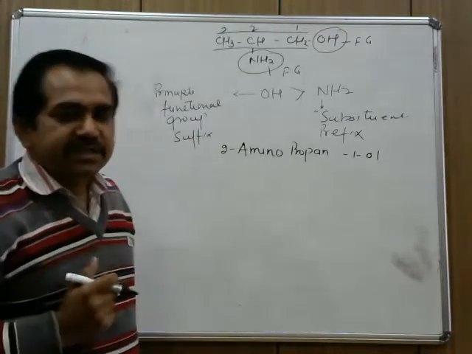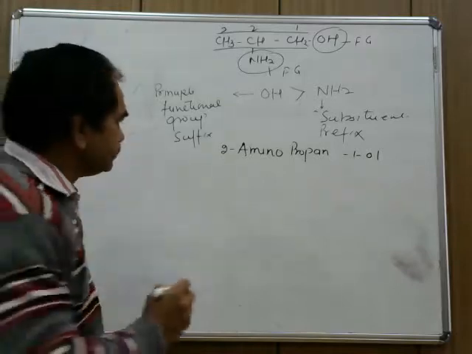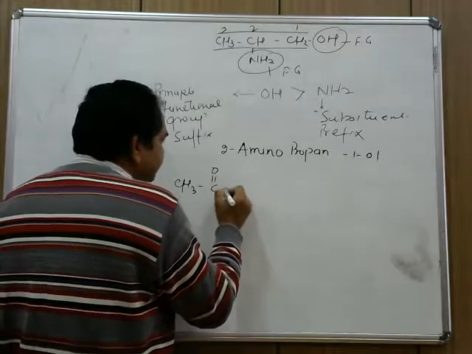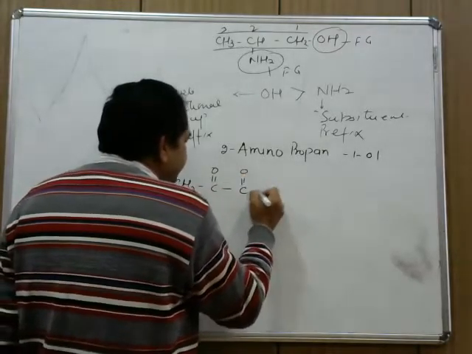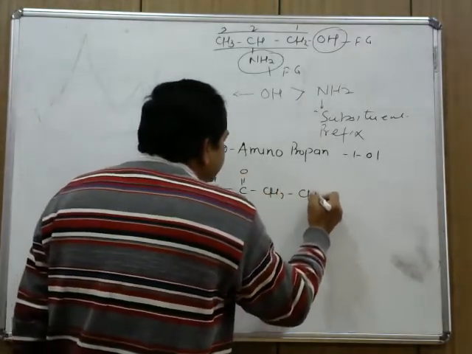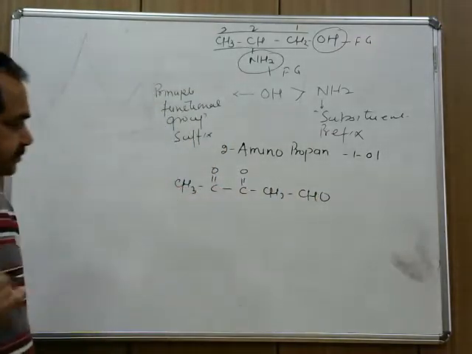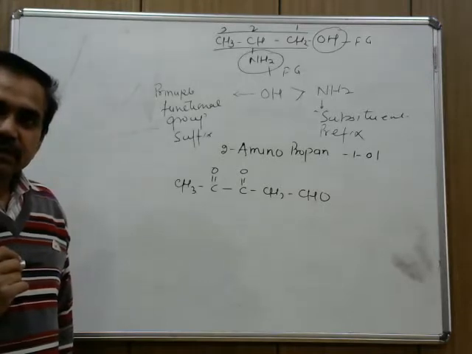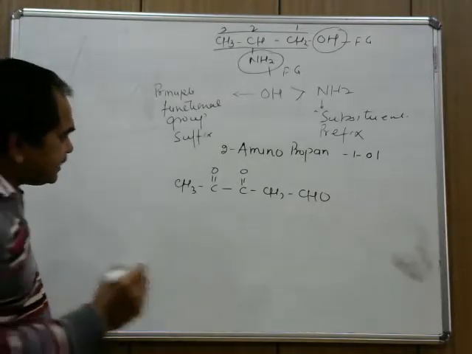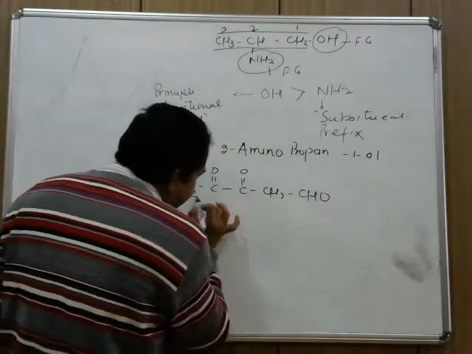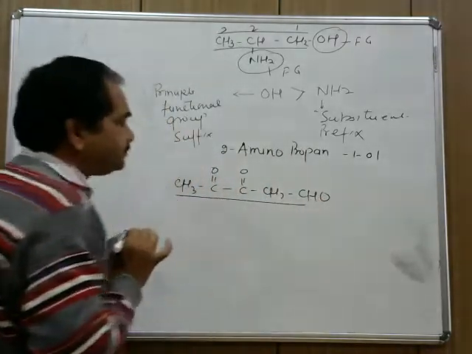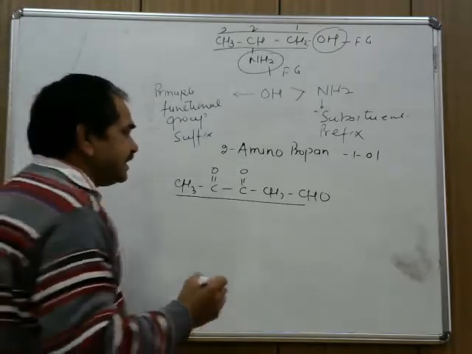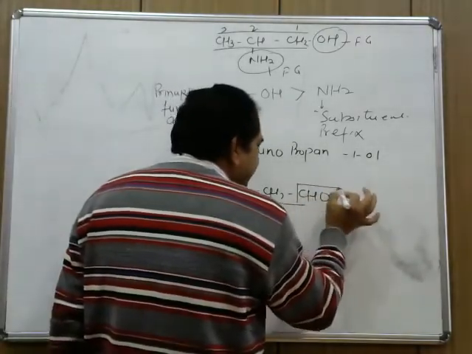Now let's take one more example. CH3, C double bond O, C double bond O, CH2, CHO. So as a first step, I had selected this longest chain, and after selecting this longest chain I realized that there are two functional groups.